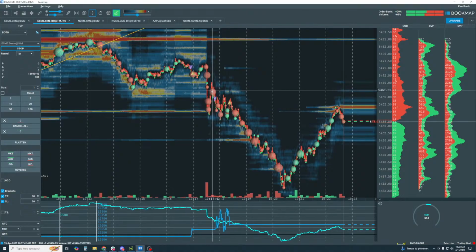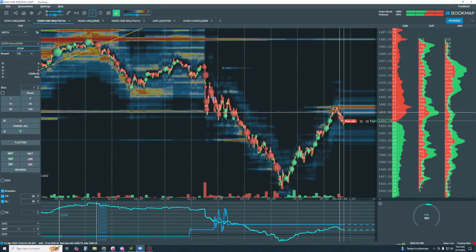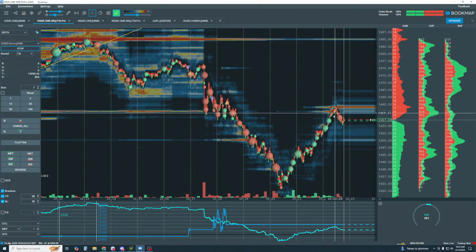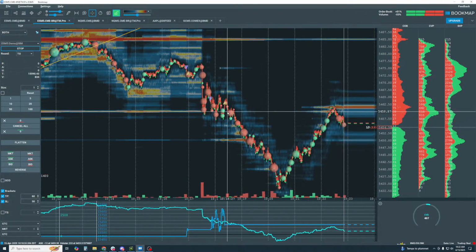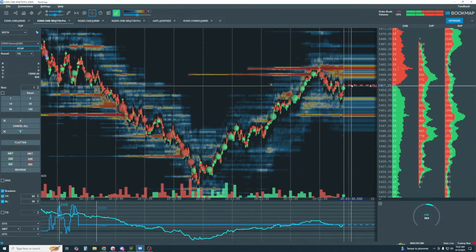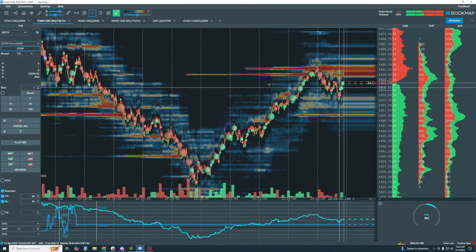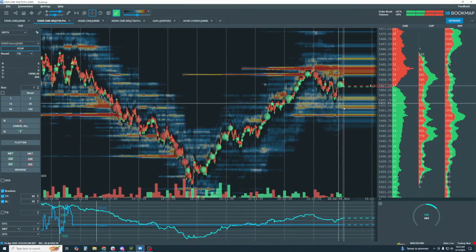But let's take a look at this relative volume compared to this relative volume in here. I'm seeing a lot more selling than buying. And this is a pretty big retracement here. Let's see if we get another opportunity here on a low volume pullback up to here.